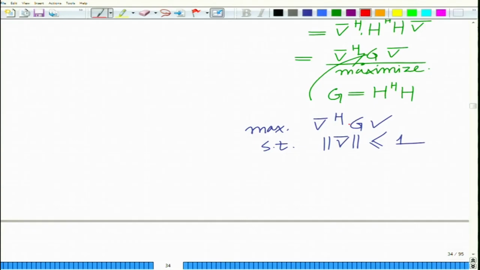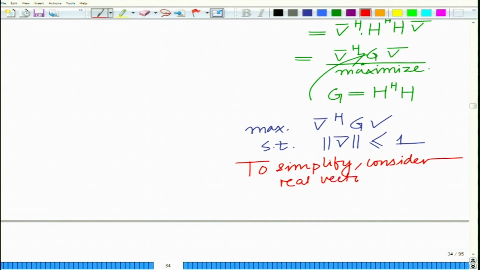Now, just to simplify it, I am going to assume a real vector. So, I am going to replace this Hermitian by transpose. To simplify, consider a real vector.